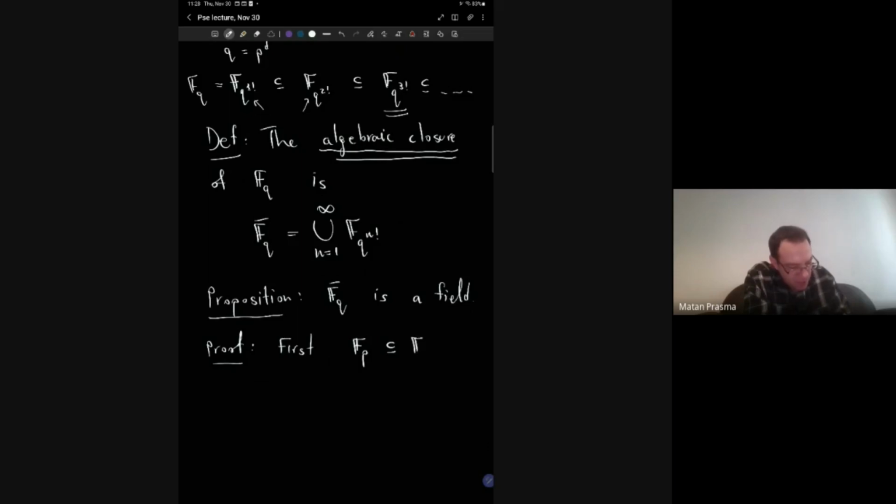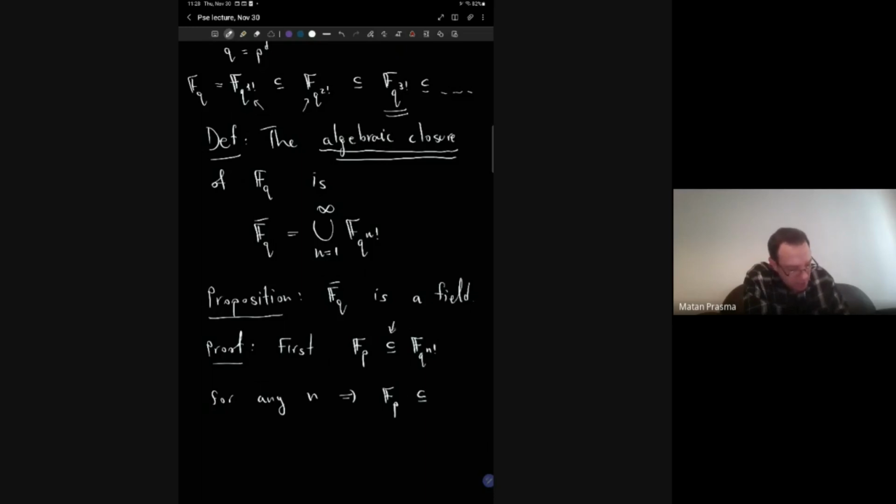It is contained in F_q^{n!} for any n, and this means that it is contained in the infinite union.